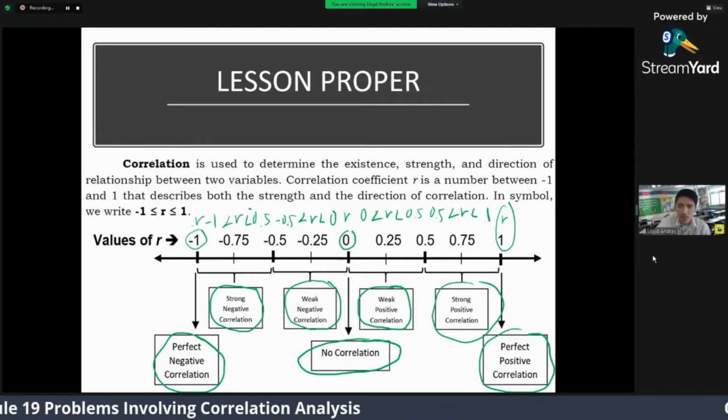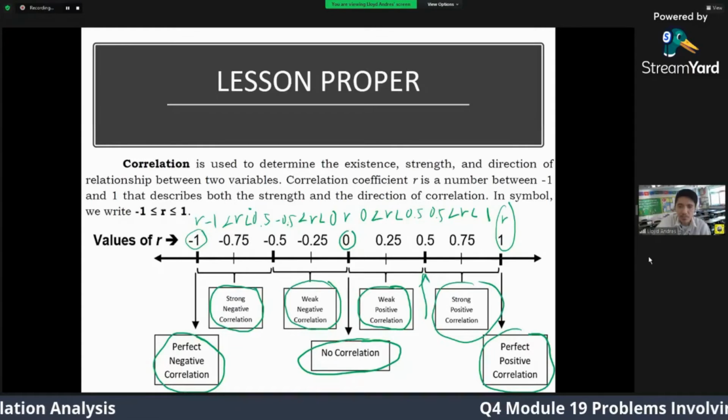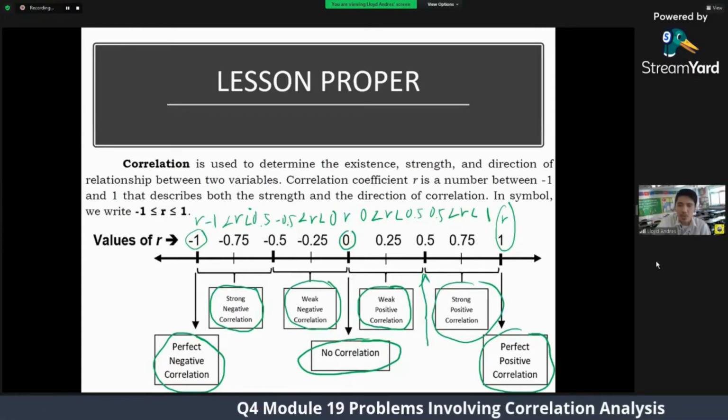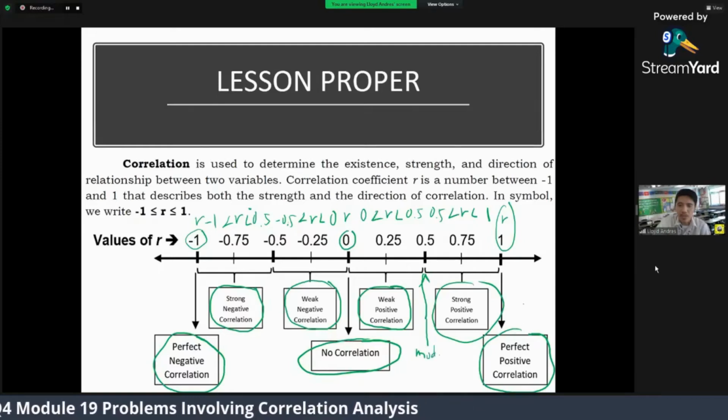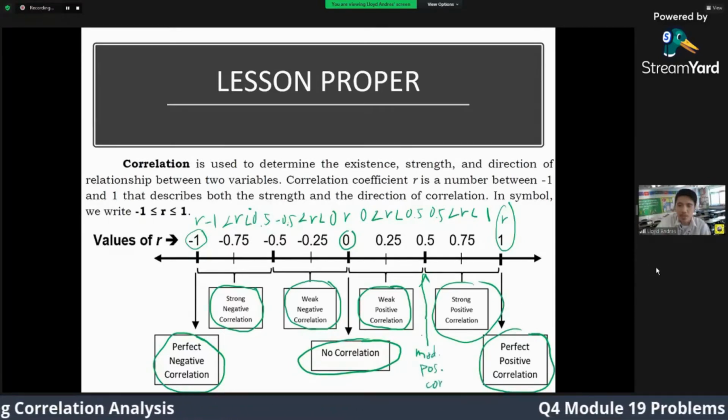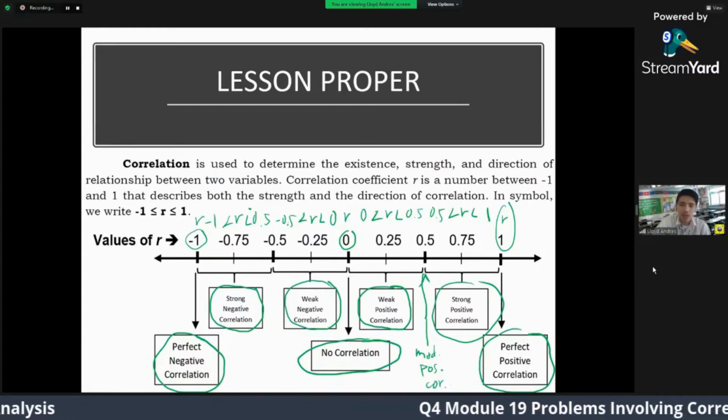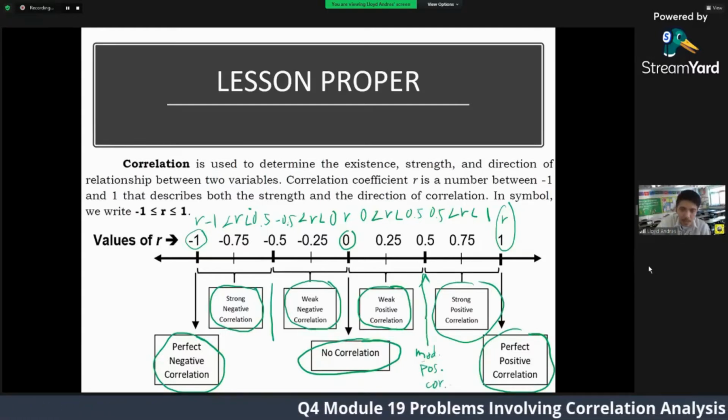Sir, what about kung exactly 0.5? Kung exactly 0.5, you can say that you have a moderate positive correlation. What if exactly negative 0.5 pod?